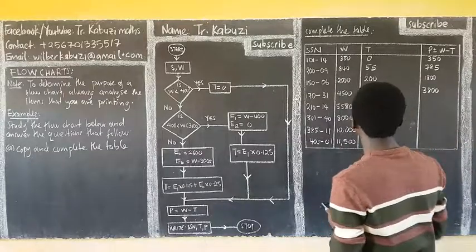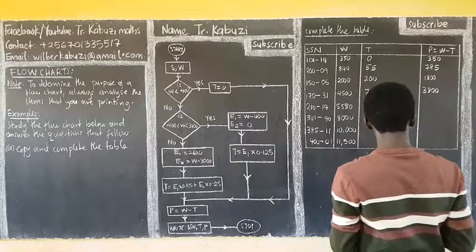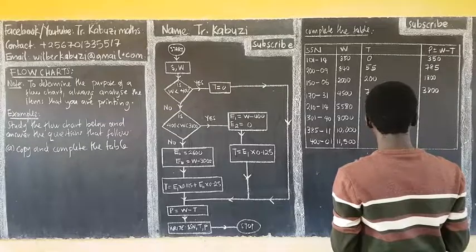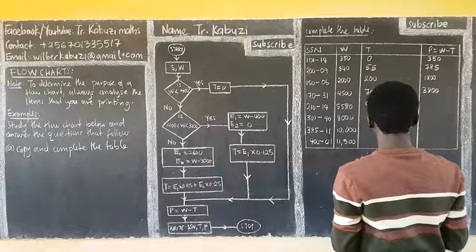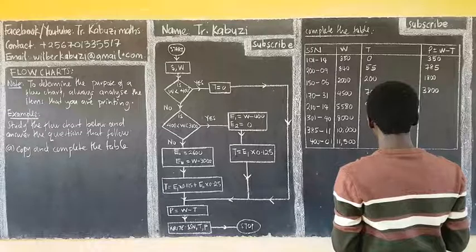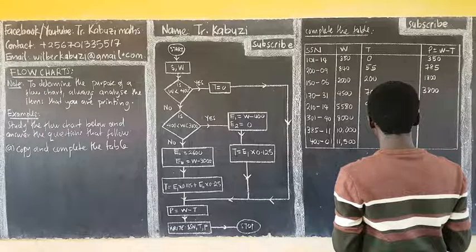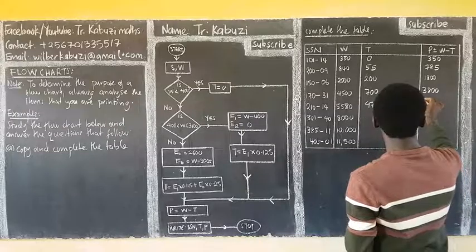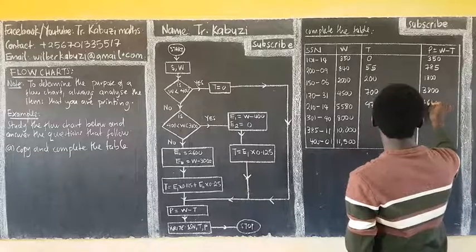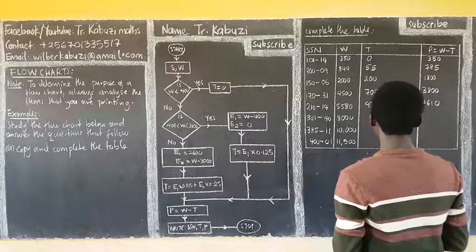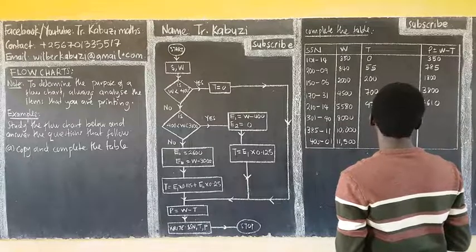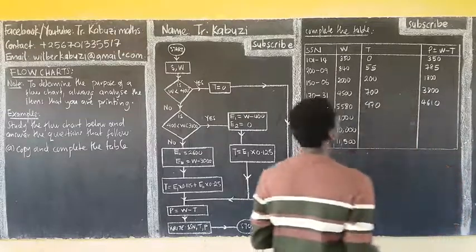And I subtract this from this, I'm getting 4610. So that's the value I'm getting.